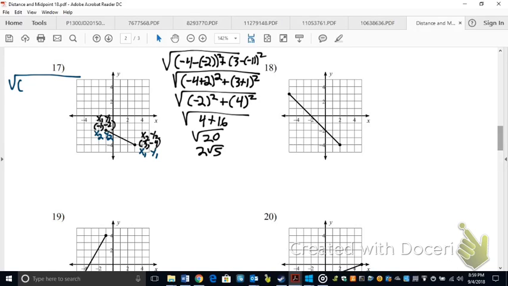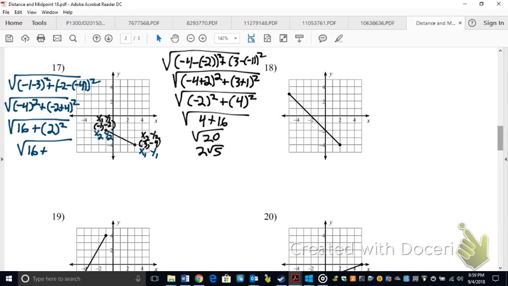So now when I plug it in, my x2 is going to be -1 minus 3 squared plus my y2, -2, minus my y1, -4 squared. -1 minus 3 is -4 squared, plus -2 plus 4 squared. -4 squared is 16, plus -2 plus 4 is 2, so then we have 2 squared.